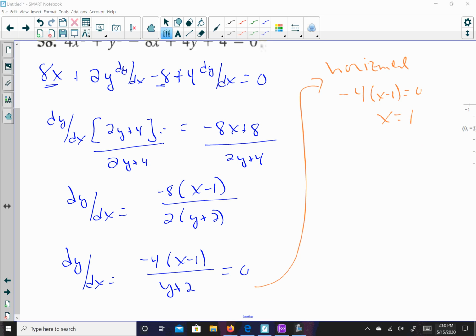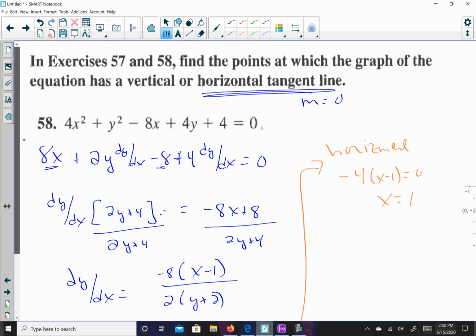So that gives me the x, but I believe, and I'm going to go back up here and verify, it wants me to find the points, which means I have to take that x, substitute it back in here to find my y. So if I do that, that'll be 4 times 1 squared plus y squared plus, oh, that's a minus, minus 8 times 1 plus 4y plus 4 is equal to 0.